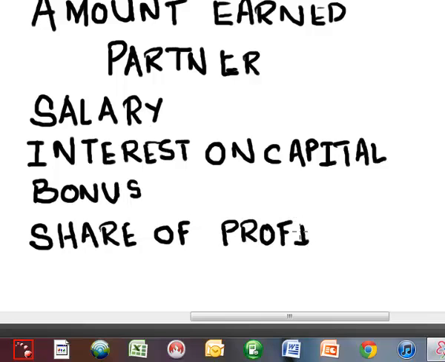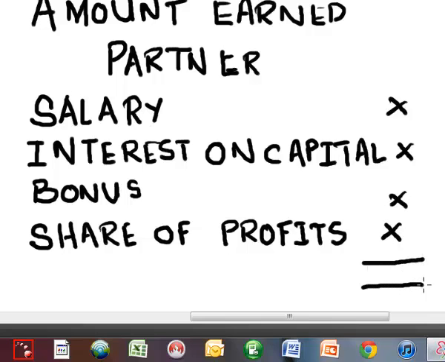So if we add up all these components, namely salary plus the interest on capital plus the bonus plus the share of profit, that would give you what the partner has earned. Remember, each partner's earnings would be different to the other partner depending on the partnership agreement.